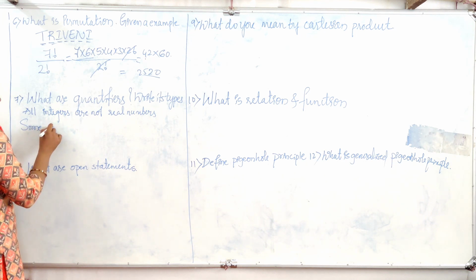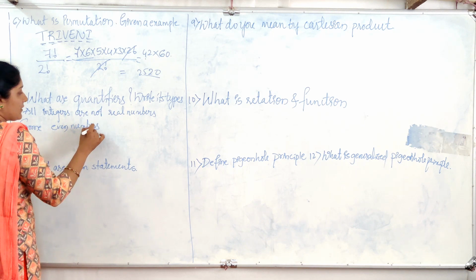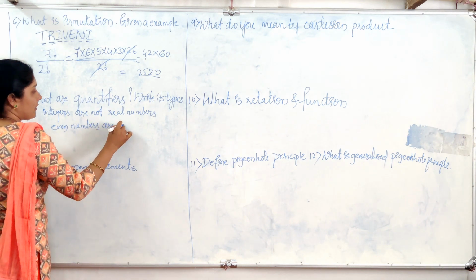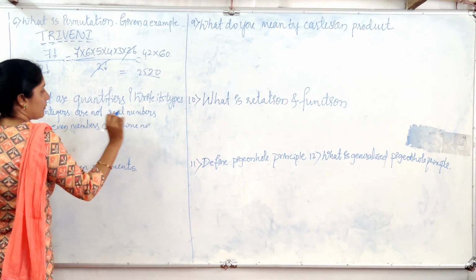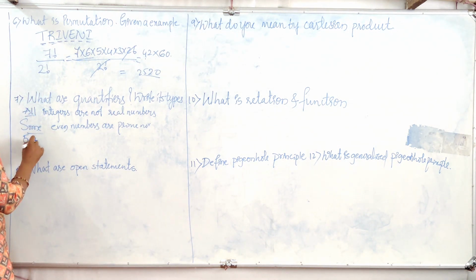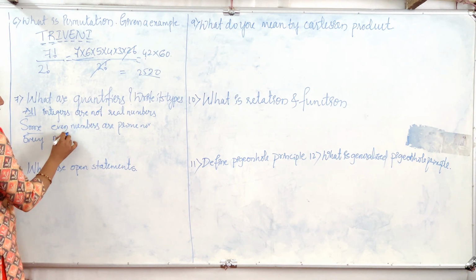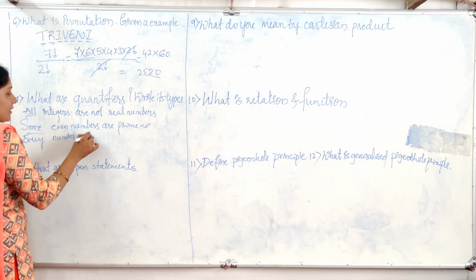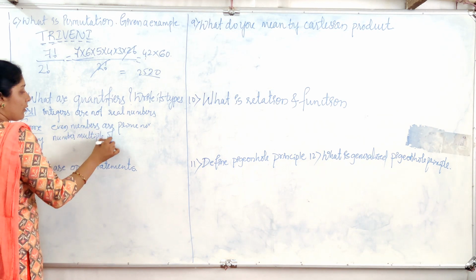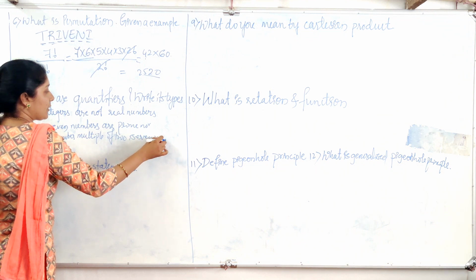Some even numbers are prime numbers. Okay. Every number that is a multiple of 2 is an even number.